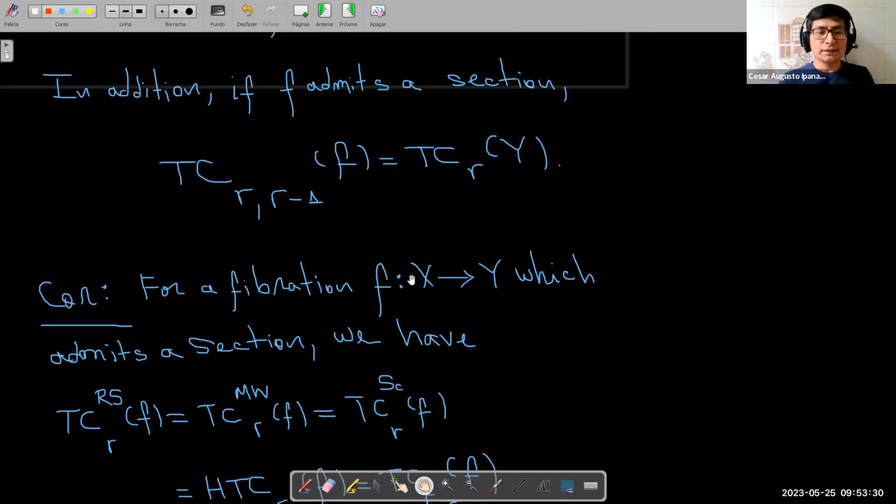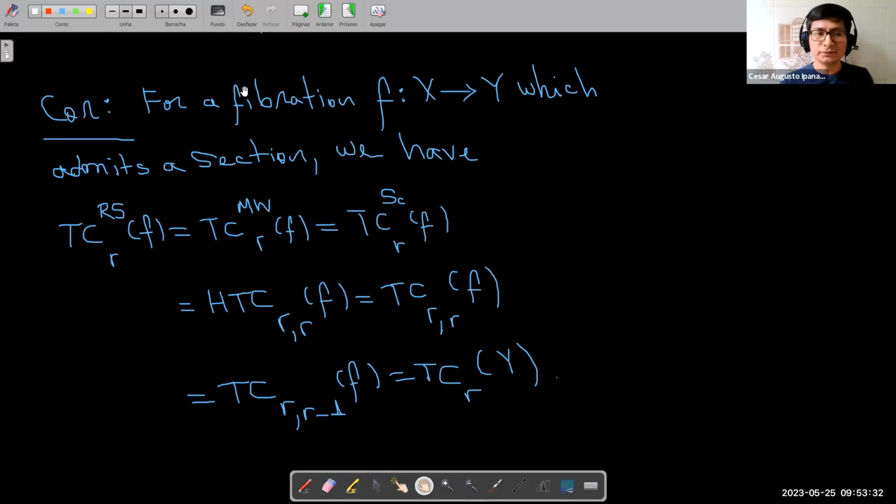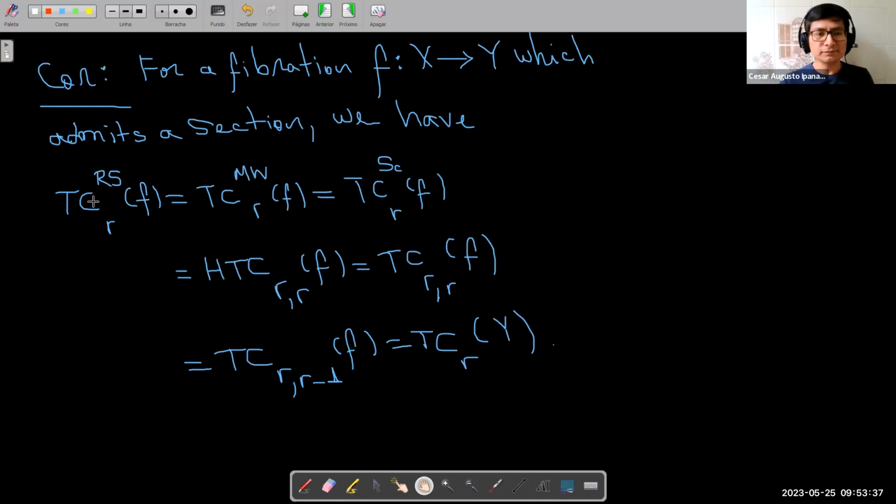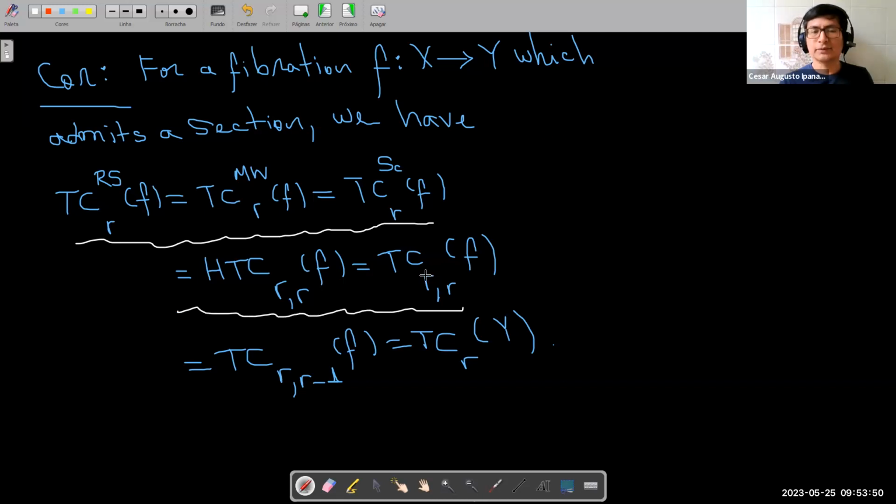As a corollary, for any fibration which admits a section, the previous Rudyak, Schwarz, Murillo, and Scott TC coincide with our TC r, r. Moreover, when f is a fibration, it coincides with TC r, r minus 1, and coincides with the Rudyak TC.